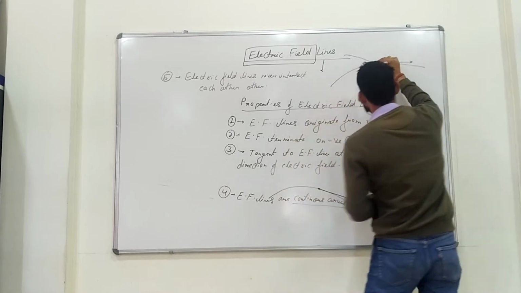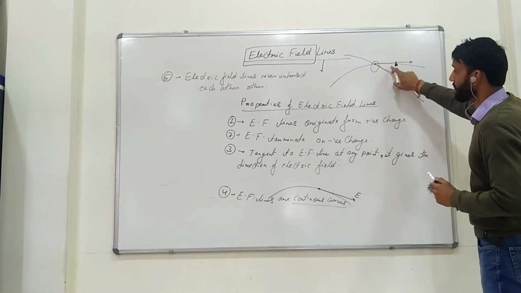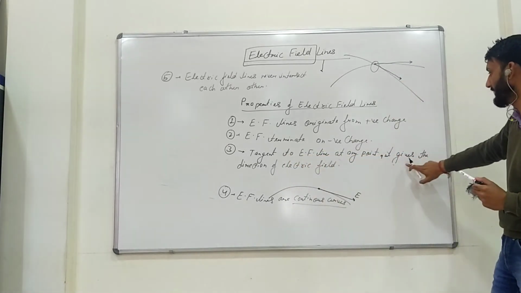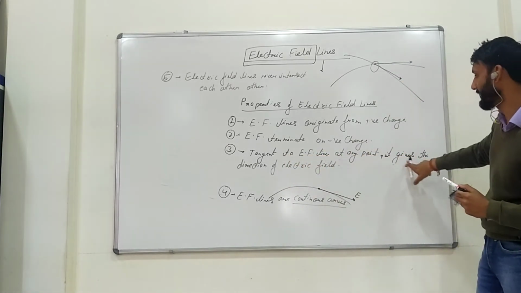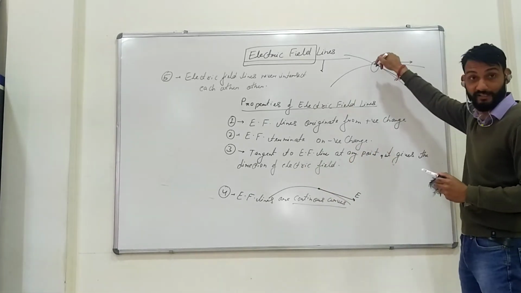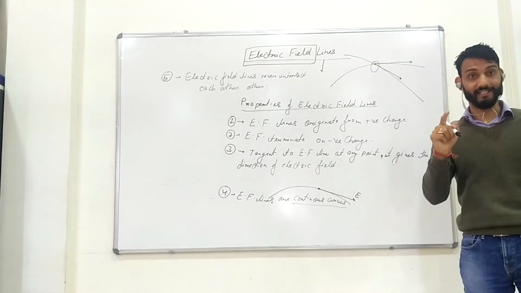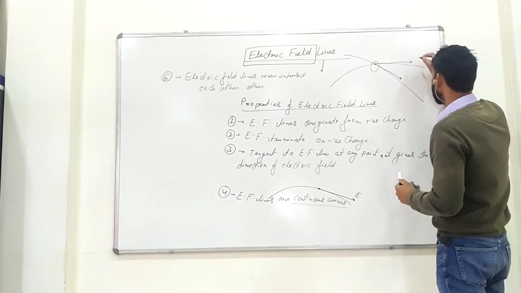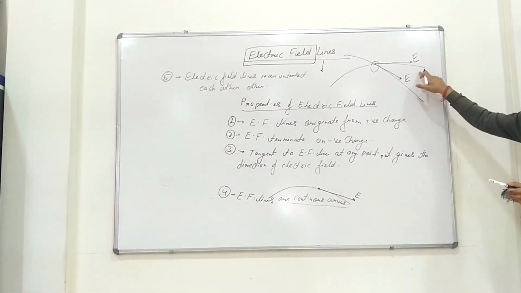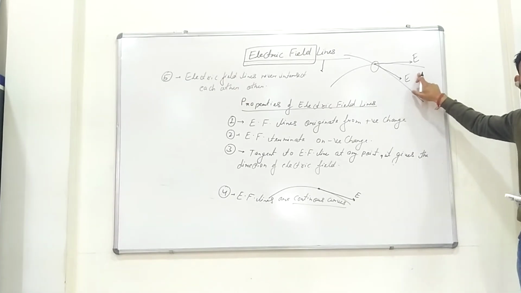As you can see, at this point we have two tangents, and the tangent to an electric field line at any point gives us the direction of the electric field. It means at this particular point where these two lines intersect, we have two directions of electric field. Is it possible to get two directions of electric field?